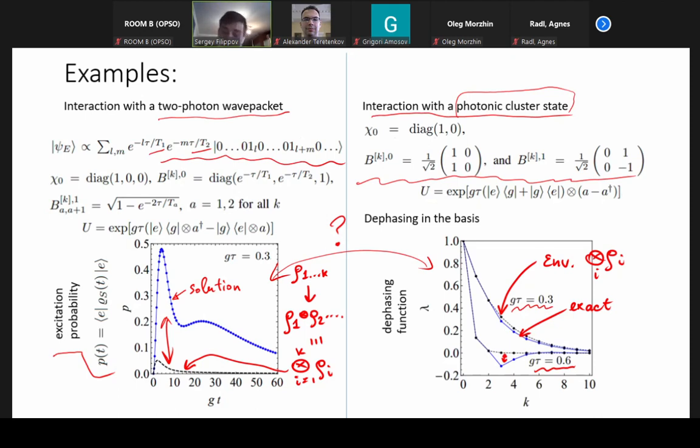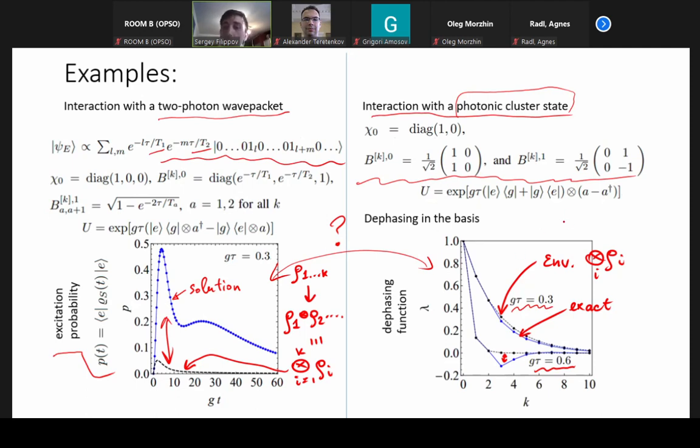And the answer to that question is actually in the correlation functions of the environment. Although both cases deal with correlated states, the correlations in the first example on the left decay slowly in time, whereas the correlations on the right-hand side decay very rapidly.